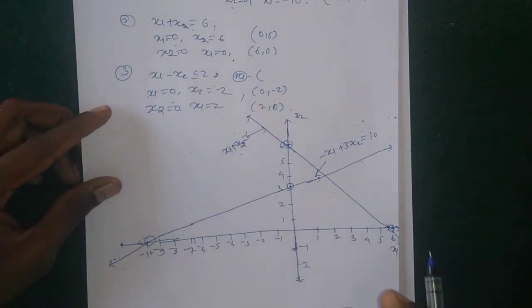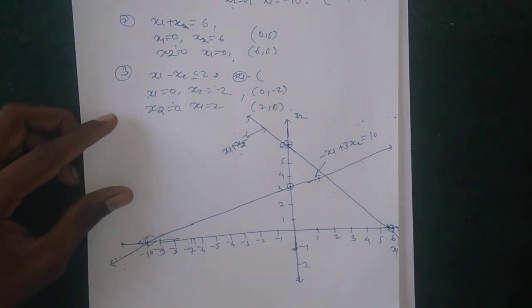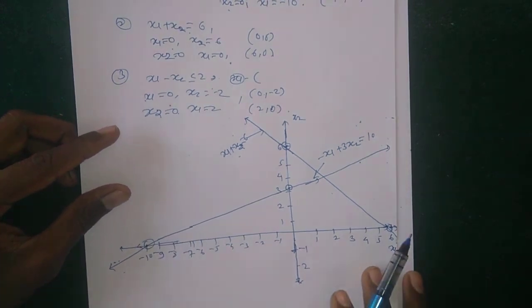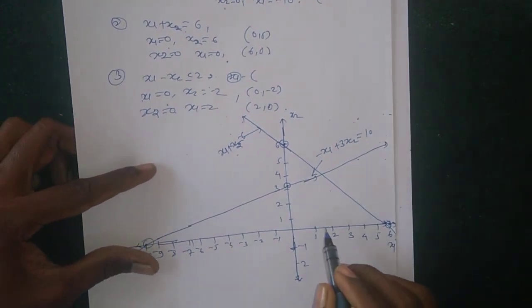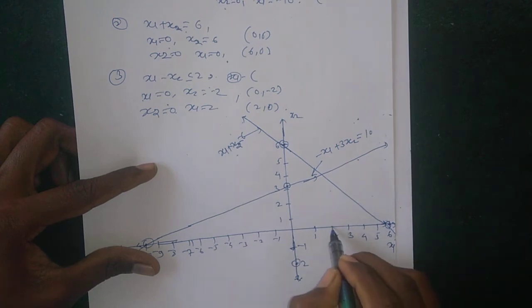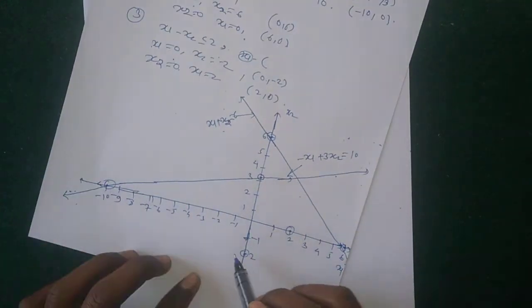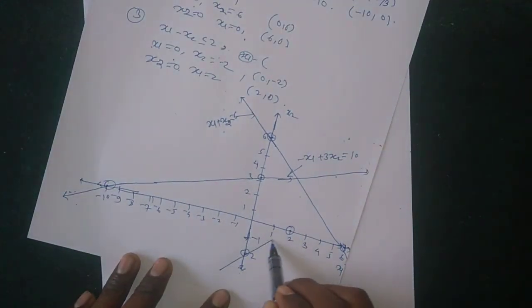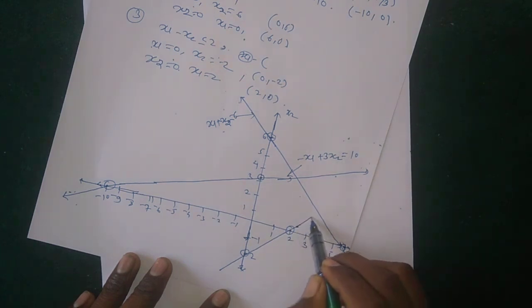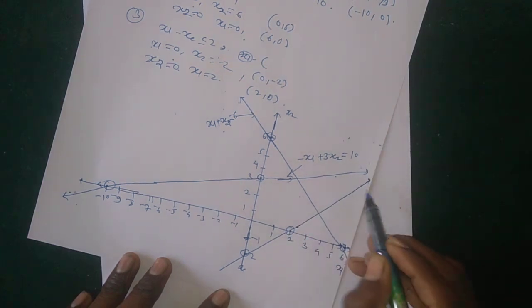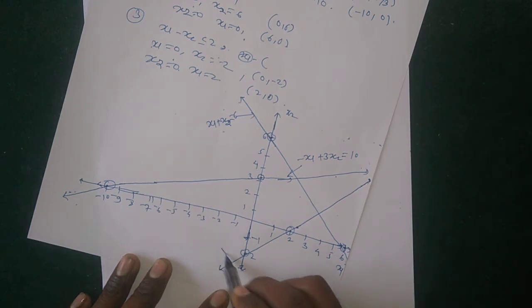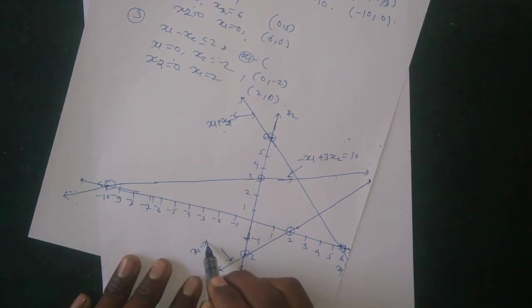Then the next line is x1 minus x2 is equal to 2. Their points are 0, minus 2 and 2, 0. So join these. This line is x1 minus x2 equal to 2.